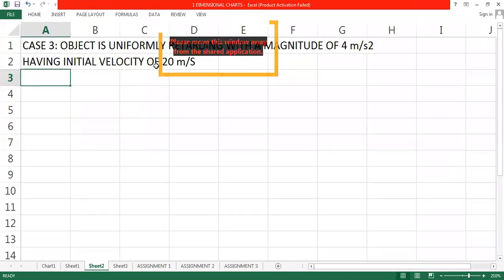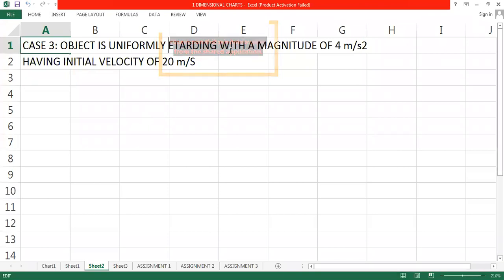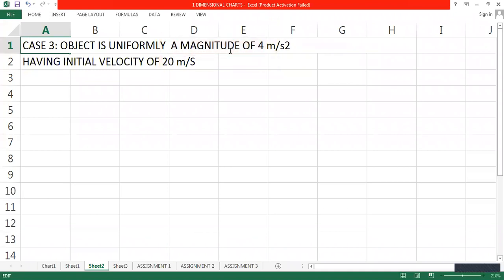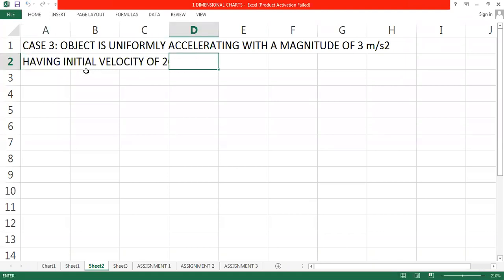And this is a very interesting case now. Now the case is that the object is uniformly accelerating with a magnitude of 3 meter per second square, but having the initial velocity of 4 meter per second.